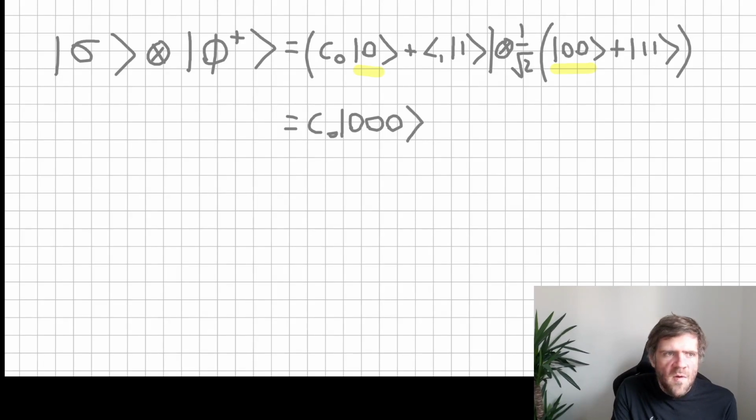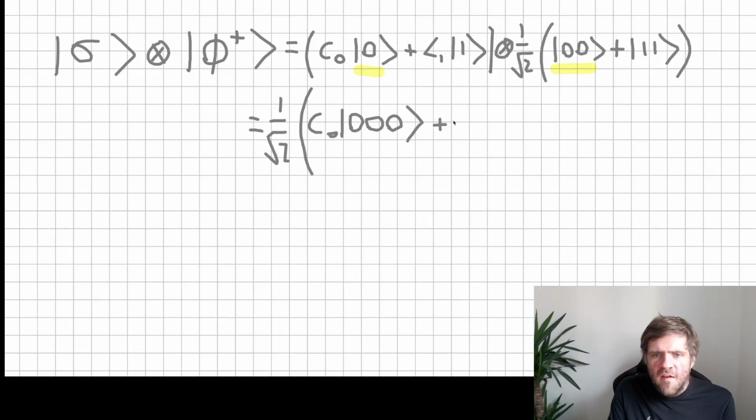Oh, actually, there's also going to be the good old 1 over root 2, which we should never forget about. So let's sneak that in over here. And then we have C0 times 0, 1, 1, which is this same term, but with this one.